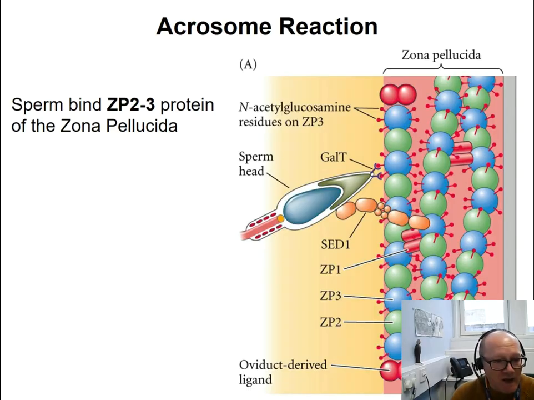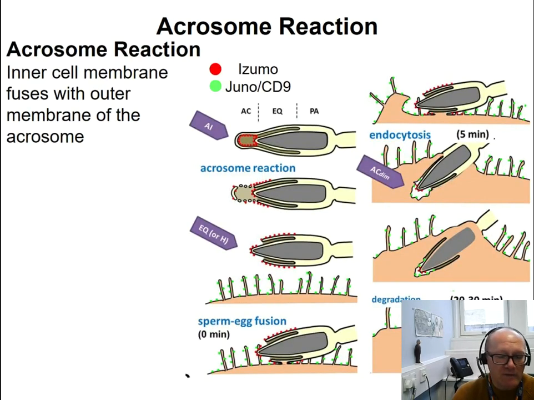So they have some receptors that are exposed after capacitation that bind the zona pellucida proteins, in particular zona pellucida 2 and 3, and allow the sperm to move from the cumulus through the zona pellucida and reach the membrane of the egg.